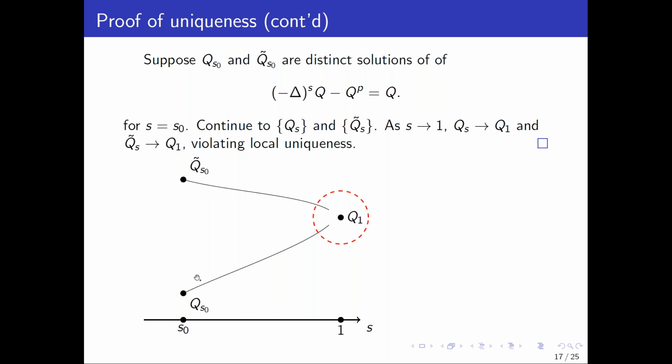So that means at some point, these two branches have to coincide. They can't go all the way to S equals 1 without coinciding at some point. But then that would violate local uniqueness, whether it happens in this small neighborhood or whether it happens earlier. If the two branches coincide, that's a violation of the local uniqueness that you get from the implicit function theorem. So it's impossible to have two separate branches converging to the same point at S equals 1, and that ends the proof.